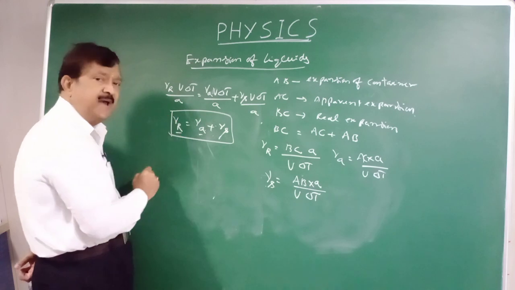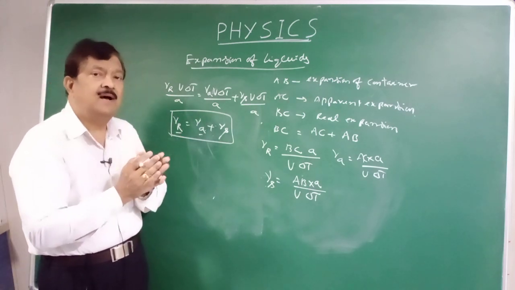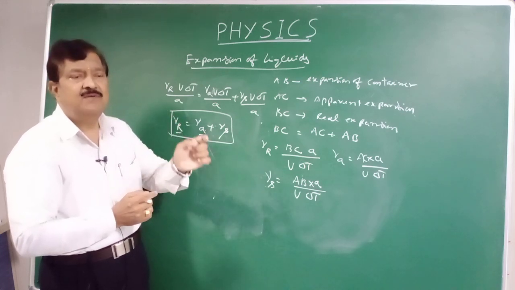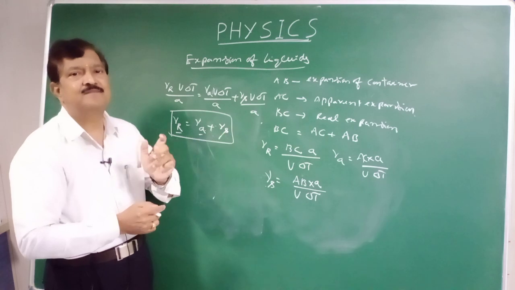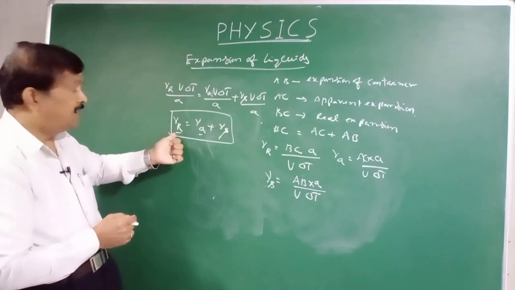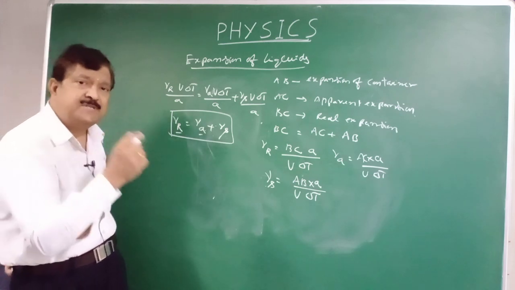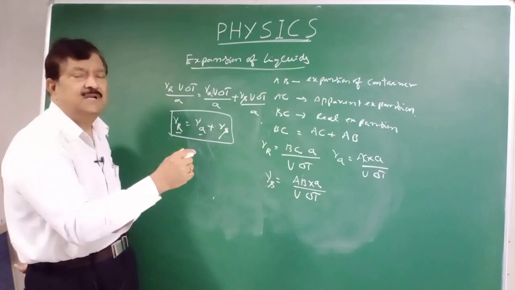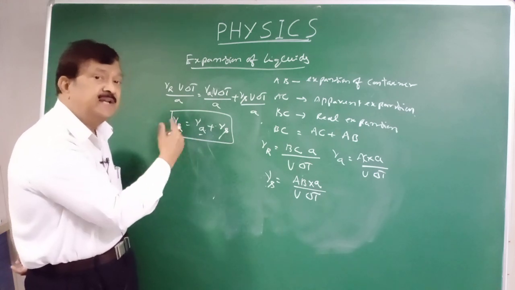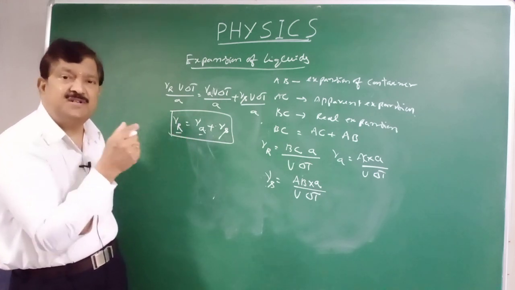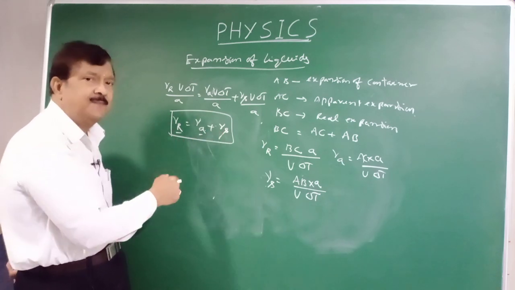Whereas apparent expansion represents only the expansion of the liquid with respect to that particular container. I repeat, the coefficient of real expansion represents the absolute property of the liquid, the true property of the liquid. Whereas gamma A, or apparent expansion, represents only the relative property of the liquid with respect to the container.